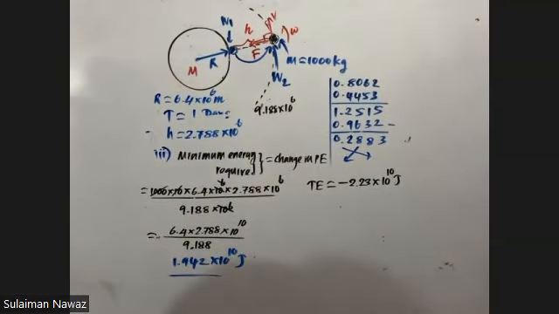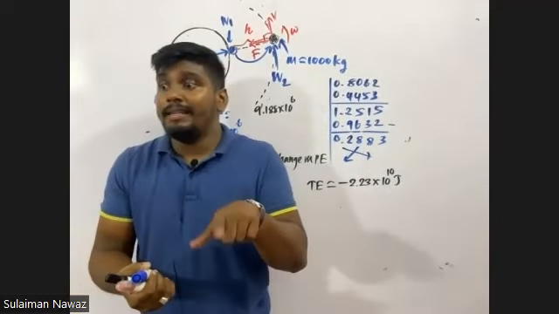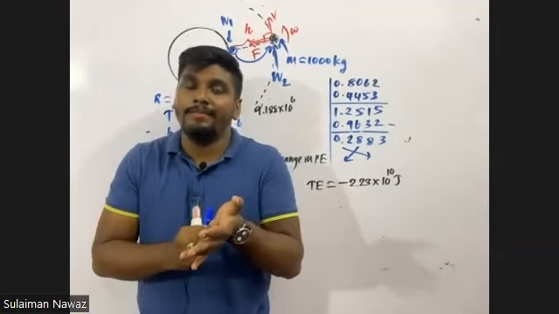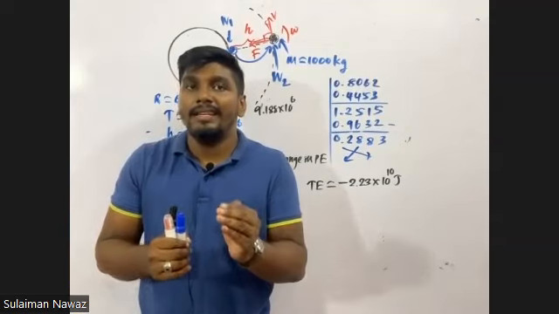Roman number 5: at what height above the Earth's surface must the satellite orbit to be a geostationary satellite? That's a very good question. Then we learned, what is the requirement to have a geostationary satellite?